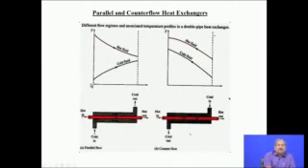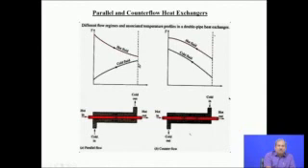The cold fluid temperature is going to increase as it flows along the heat exchanger, and this one is the outlet temperature of the cold fluid. So you can easily see that the delta T between the hot fluid and the cold fluid, which is the prime cause of heat transfer, is going to decrease significantly as the outlet is approached.